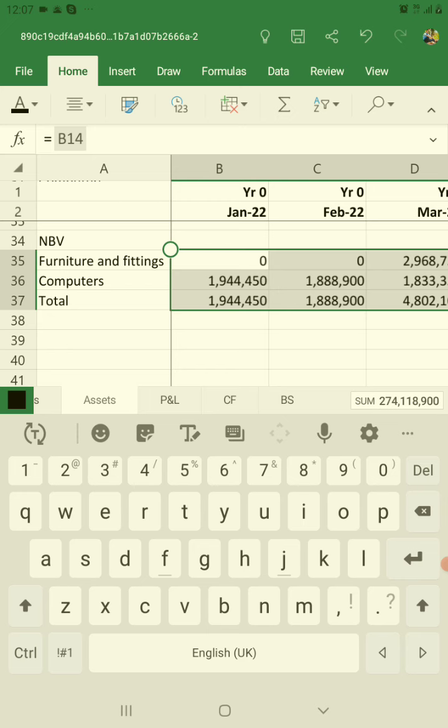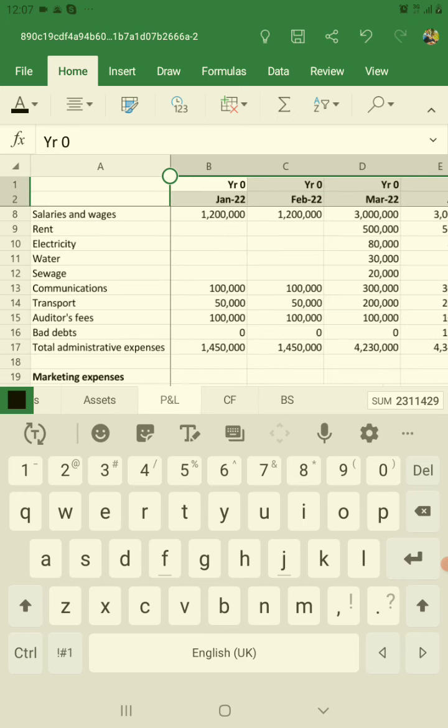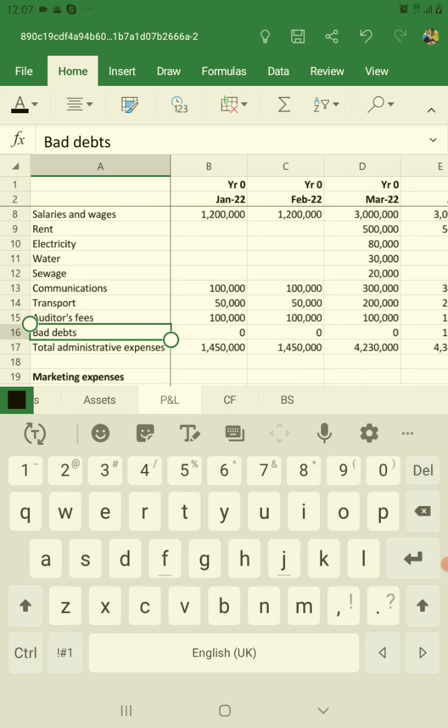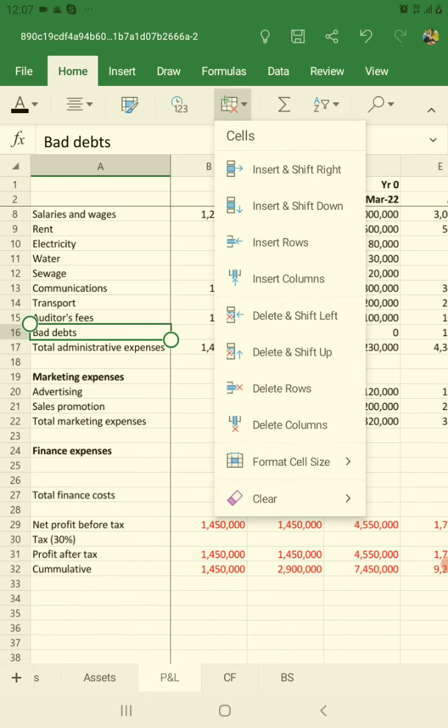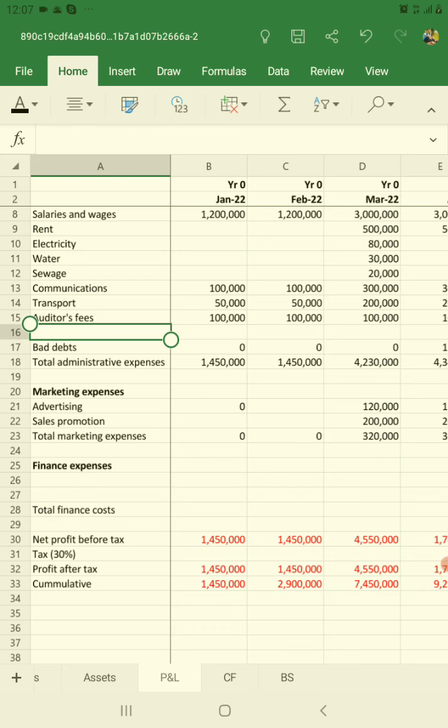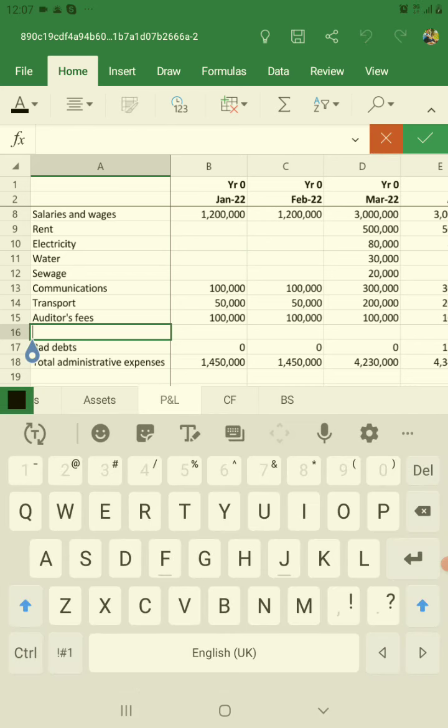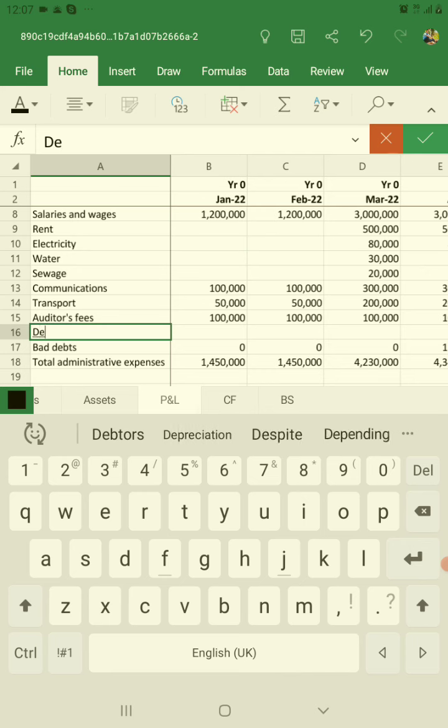So what we are now going to do is to go to P&L, and then let me insert a row above bad debts, insert row, and then double tap to write depreciation. Depreciation is an expense, so it is booked in profit and loss on the administrative expense section.